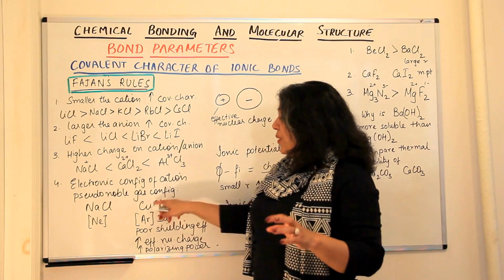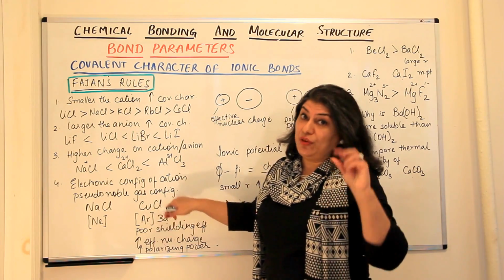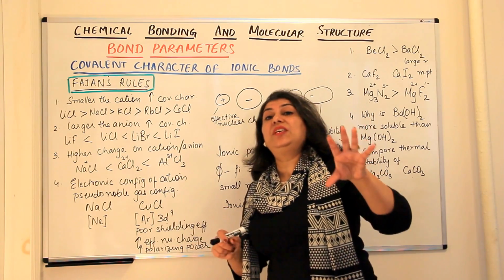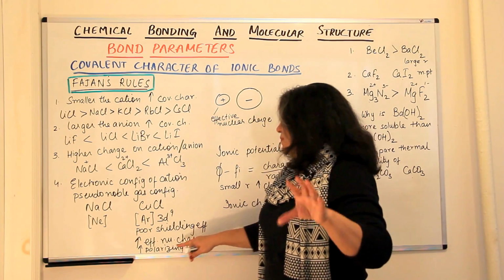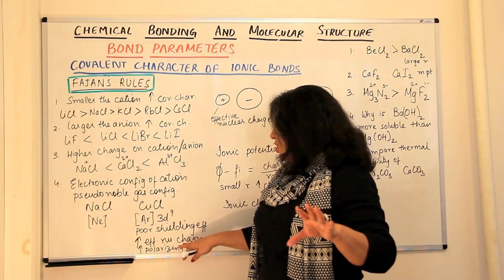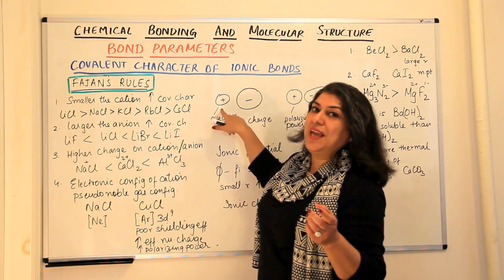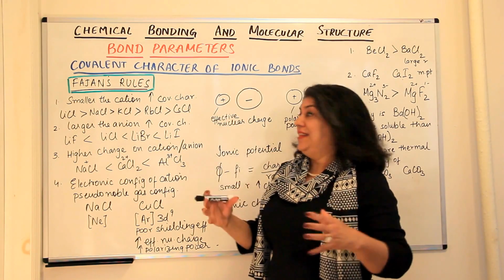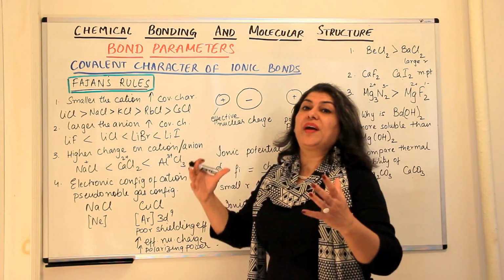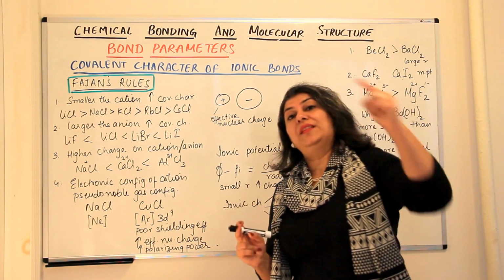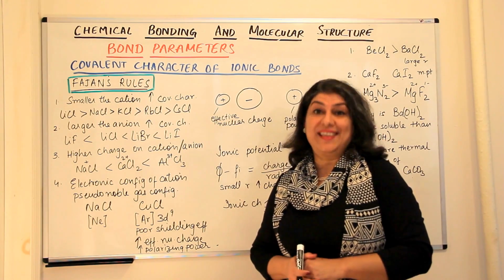So we find that when such transition metals form cations, they have d orbitals, and these d orbitals cause an increase in the effective nuclear charge, and the effect is the same as that of a smaller cation. They have a stronger polarizing power.